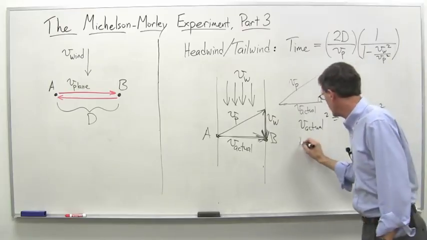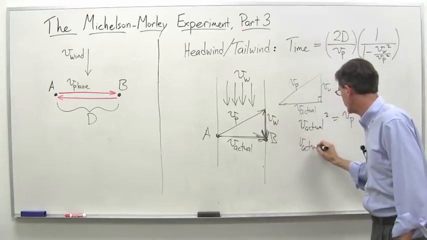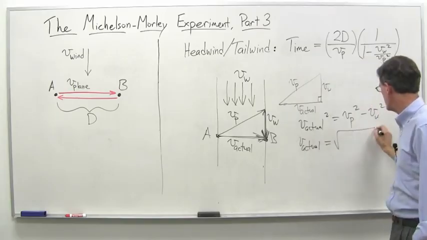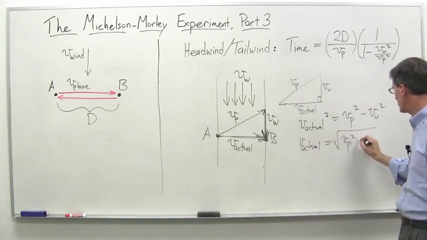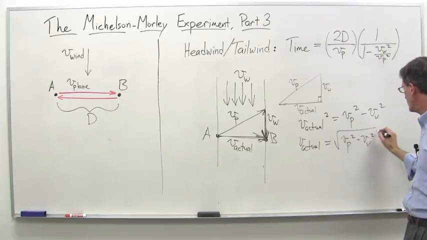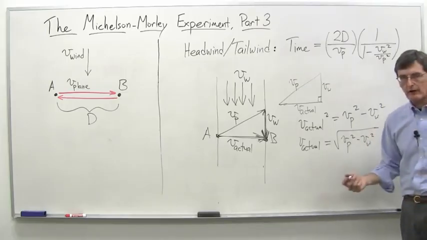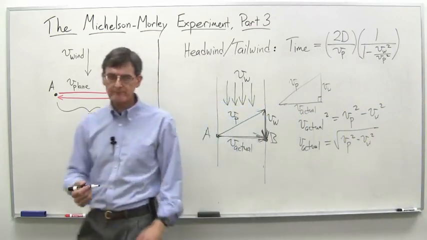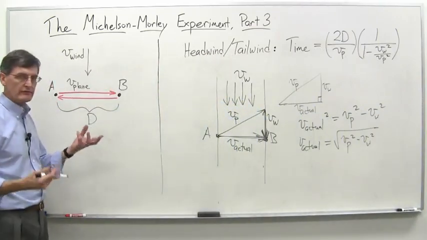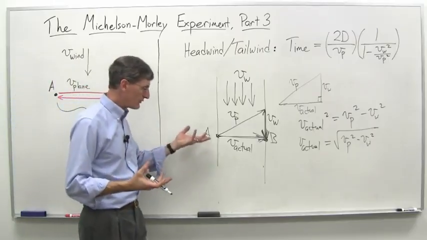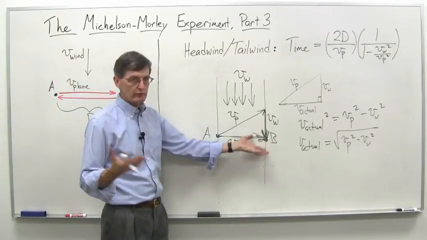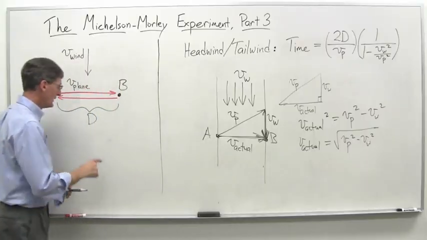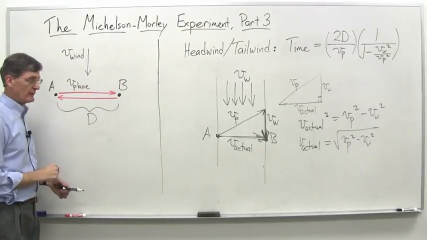Or more precisely, V actual equals the square root of Vp squared minus Vw squared, assuming that we're dealing with positive quantities for the velocity, of course. Okay, so that gives me the net velocity of the plane from A to B, or the swimmer from A to B, if you want to think about a swimmer. And so, therefore, I can do the time now.